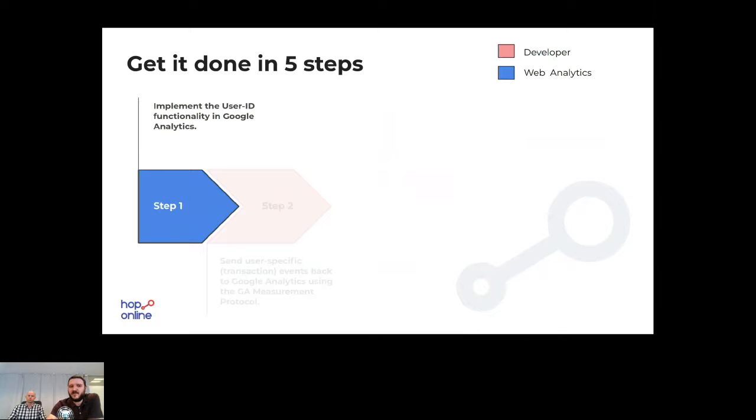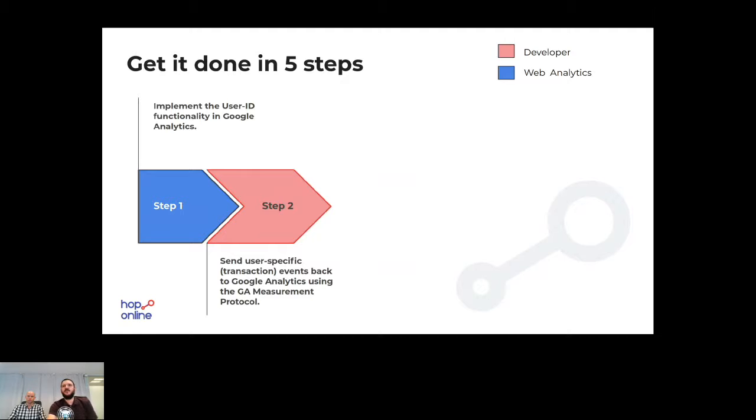Then the second step would involve some development, and this is actually the only step that would require a developer. And this is where you need to get your payment platform, your backend, like data warehouse, and other, like, CRM and other platforms that you use to track basically the journey, the revenue, and perhaps some additional customer actions and events that need to be sent back to Google Analytics.